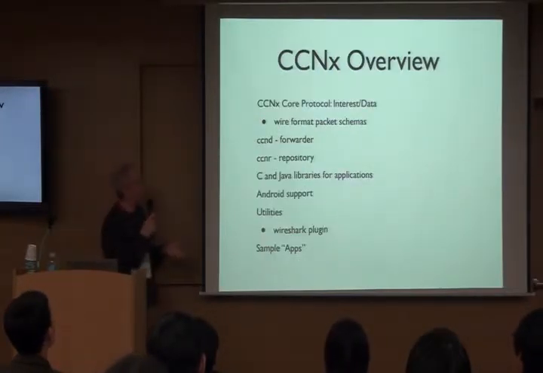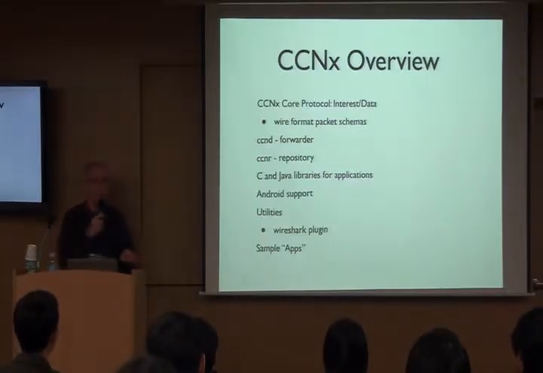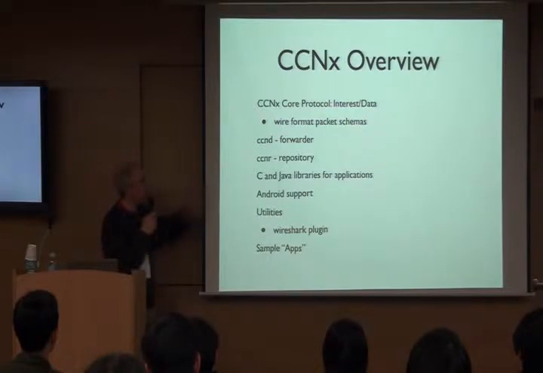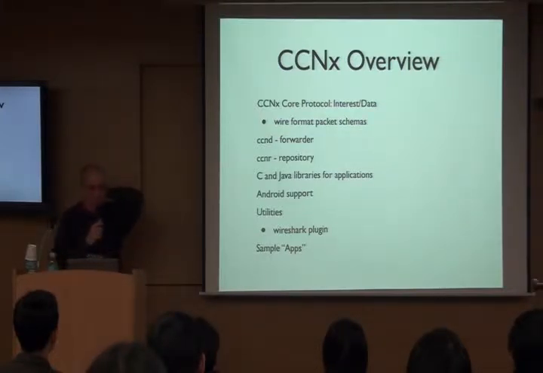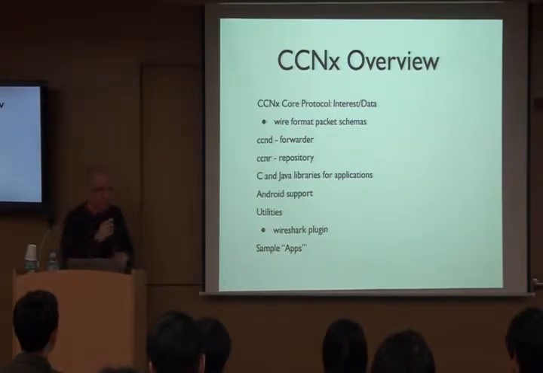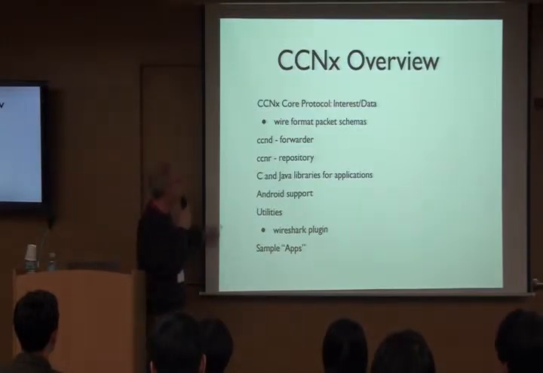Since that is what we're going to focus on, though, I'll say a few more introductory things about CCNx. And that starts with the core protocol. This is the interest data protocol. There's implementation of that, sort of wire format stuff. And here are major things that we find in CCNx distribution.